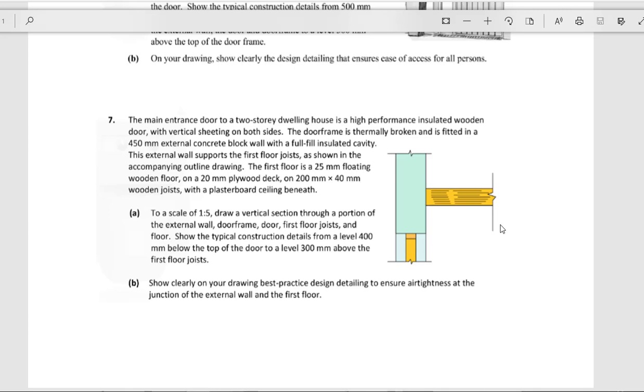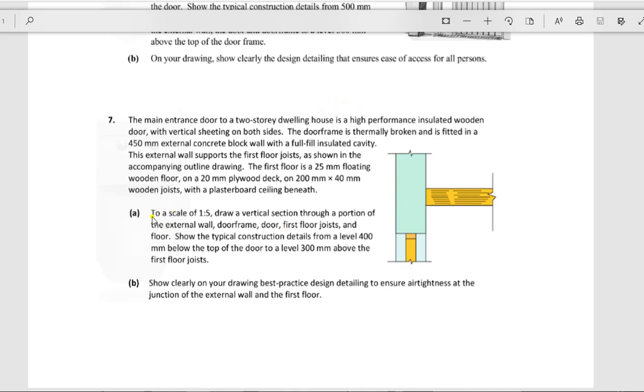The external wall support for the first floor joists are shown accompanying on the sketch. The first floor is 25mm floating wooden floor on 20mm plywood deck on 200mm by 40mm wooden joists with plasterboard ceiling beneath. So there's a lot of information given in the first paragraph there.